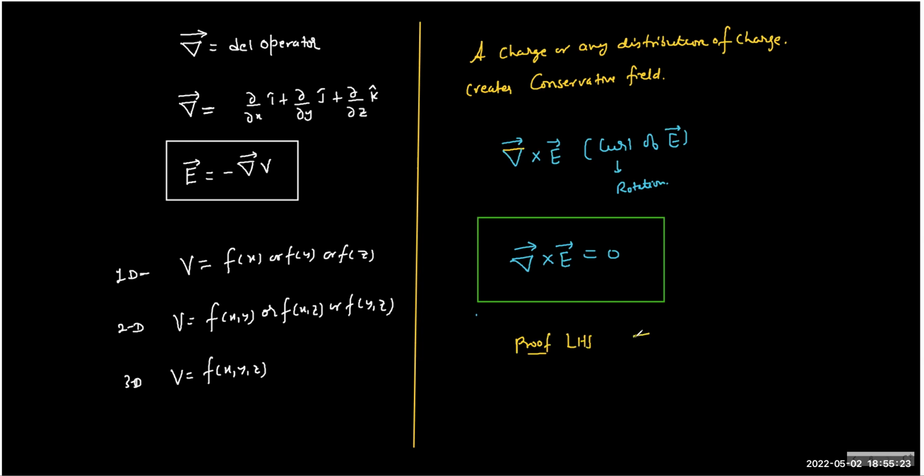You can take the LHS, del cross E, but E itself we can write as minus del V, which gives del cross del V. Because the operator is in the same direction, two vectors with the same direction, their cross product will be zero.